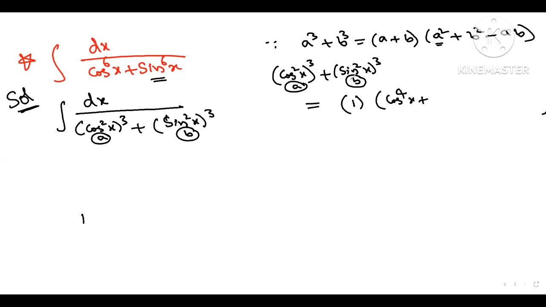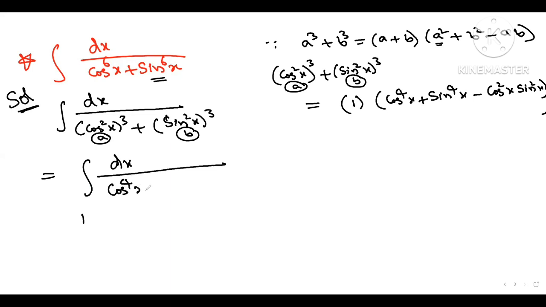Here b square, sin square whole square is sin to the power 4x, minus ab, minus cos square x into sin square x. So the integral dx by, in the whole denominator, we should write this value: cos to the power 4x plus sin to the power 4x minus cos square x into sin square x.